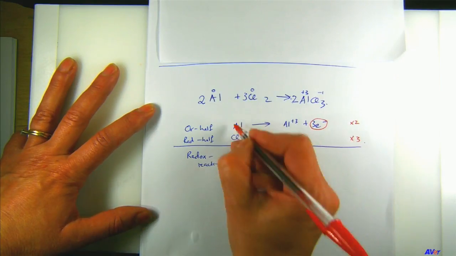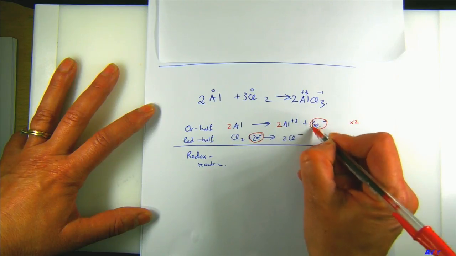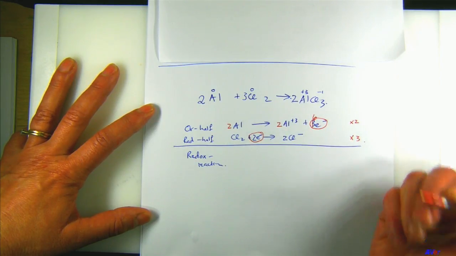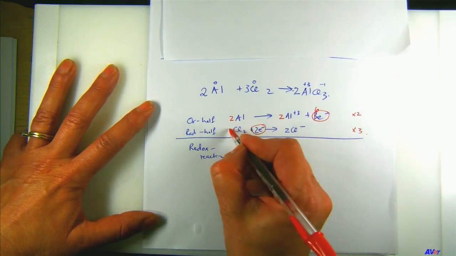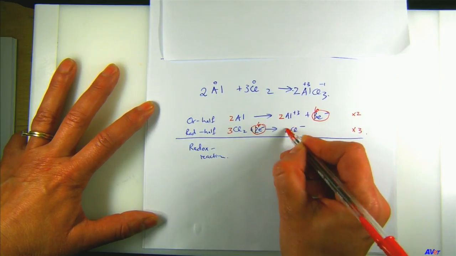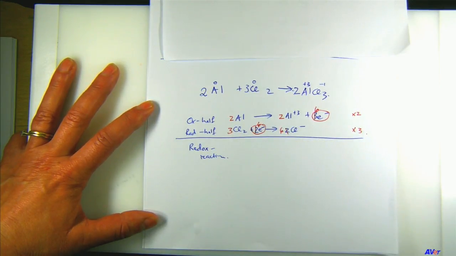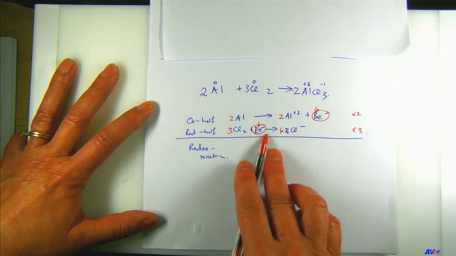So I'm going to take 2 of these to produce 2 of those, and 2 times 3, 6 electrons. And the second one, I'm going to let that happen 3 times. So 3 of these, 3 times 2 is 6 electrons, will give me 6 of those.